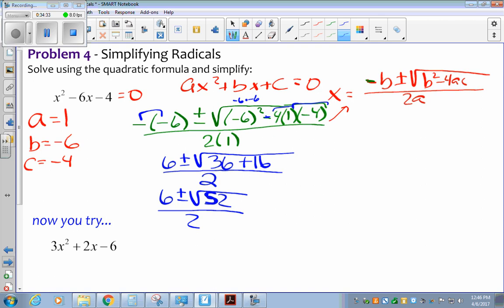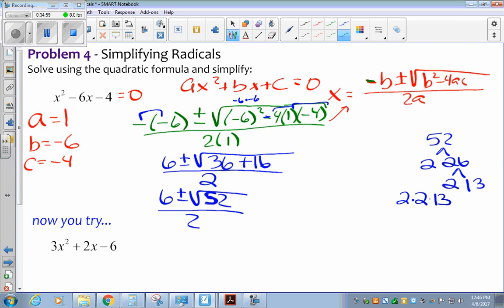A deck of cards is 52. So we can easily break 52 up into like 2 and 26 and 2 and 13. So 52 is 2 times 2 times 13. What perfect square lives inside of 52?